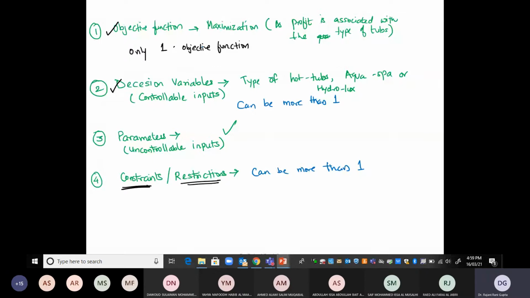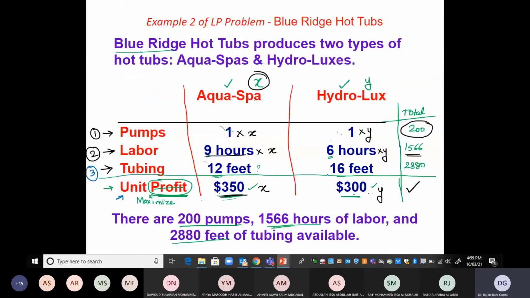You can see one thing out of these numbers. Suppose this table is given and profit is not written here, you can still directly say that this stands for the objective function. You know why? Because there is no total. For constraints, the restrictions, you have the total number, meaning the restriction on the total maximum quantity.